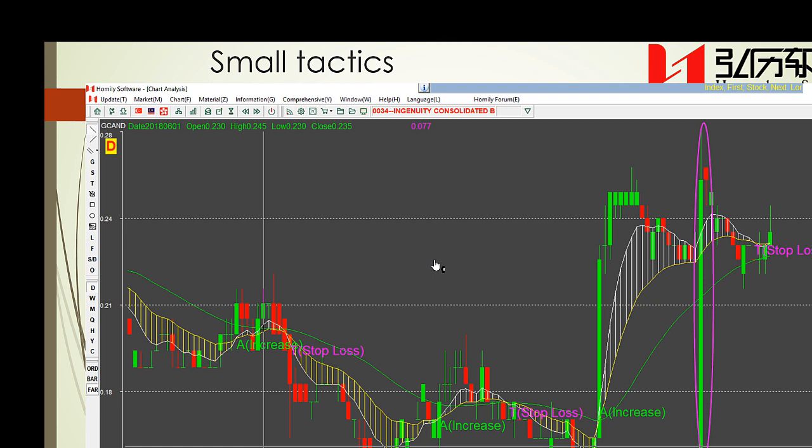Usually when we see the price here, it is already correcting, right? From here the price already dropped. After that we can see yesterday was also a yin candlestick, and then the second day it opens with a very low price.